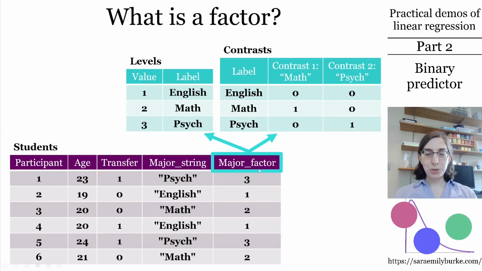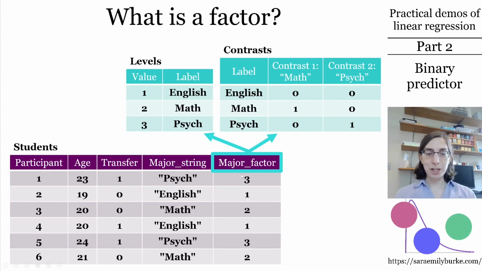So major_factor actually is a set of integer values, 1, 2, and 3. And also, attached to that set of integer values, there's some metadata about those integer values. And all of this is encapsulated in the factor data type.